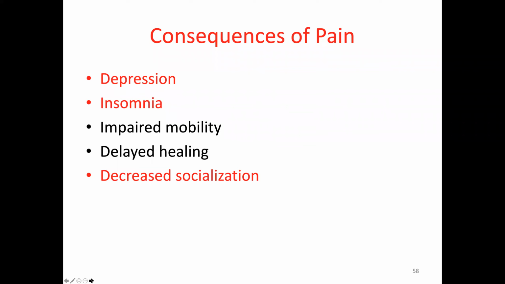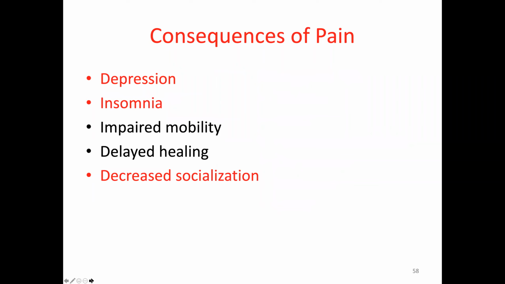So when the elderly start hurting, and this is not unique to the elderly, but from a chronic situation of pain, we get depression, we get insomnia, they can't sleep. Their mobility is impaired, sometimes because of the injury and sometimes it just hurts too much. Our bodies don't recoup; it takes longer to heal.